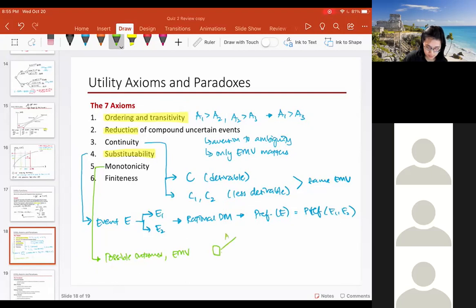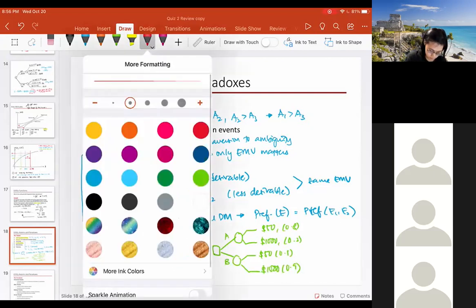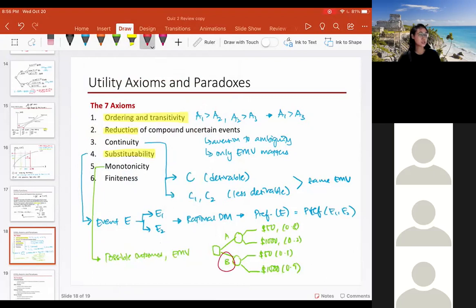If I have event A and event B, and event A gives me $50 with 0.8 and $1,000 with 0.2, and B gives me $50 with 0.1 and $1,000 with 0.9, a perfectly rational decision maker following monotonicity will want to choose B. That's monotonicity.